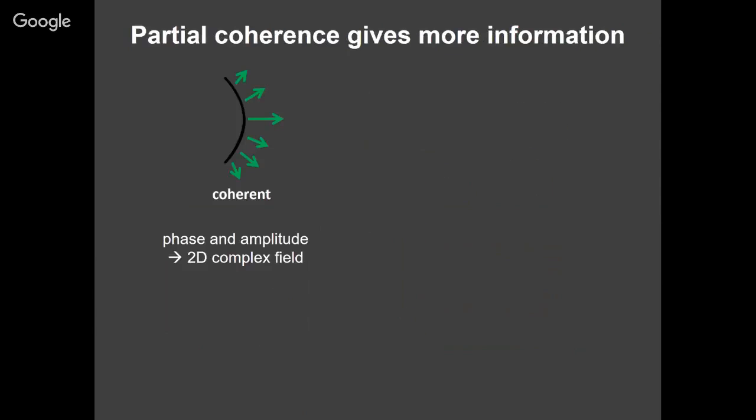So I like to think of it in terms of coherence functions. For a spatially coherent system, you can basically think of it as some wave field in which at every point in the 2D plane that you care about, there's an amplitude and a phase. So this wave field can be fully described by some 2D complex field with a single amplitude and phase at every position.